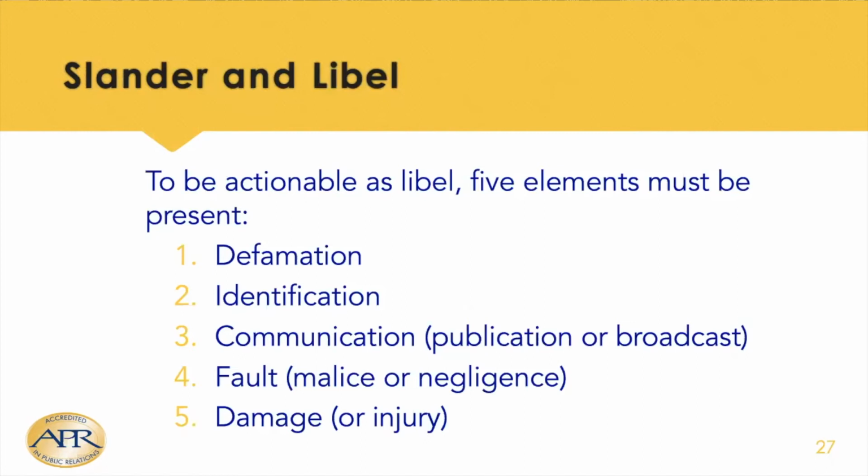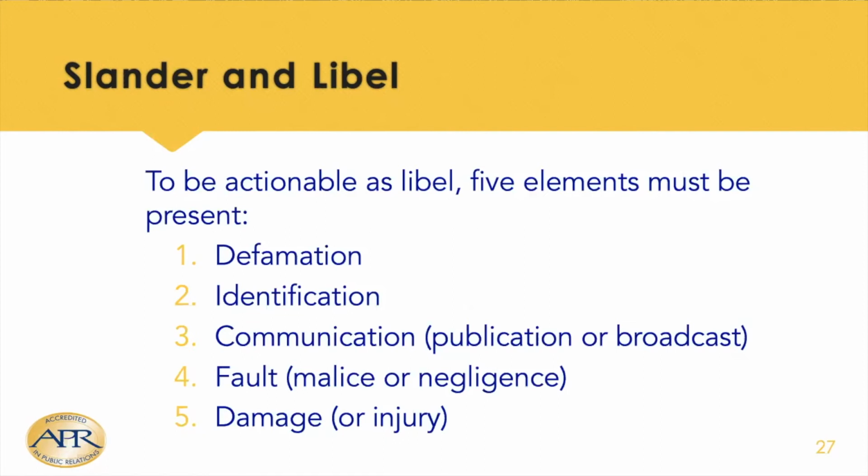All right, so when we look at defamation or slander or libel, whichever you'd like to call it, there are 5 elements that have to be present. So the first is this idea of defamation. Something had to be said that was not truthful about the individual. First of all, we have to prove that something was said or published that was negative or untrue.